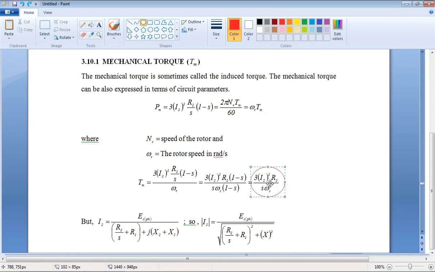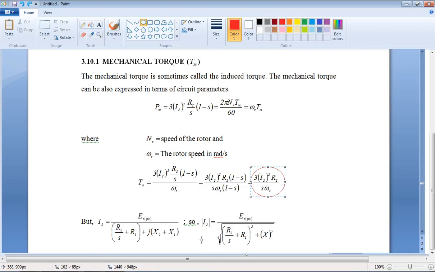Now we have the term for the rotor current I2, so we have to substitute I2 in terms of its equation. I2 is basically equal to V phase divided by R1 plus R2 over S plus j(X1 plus X2).